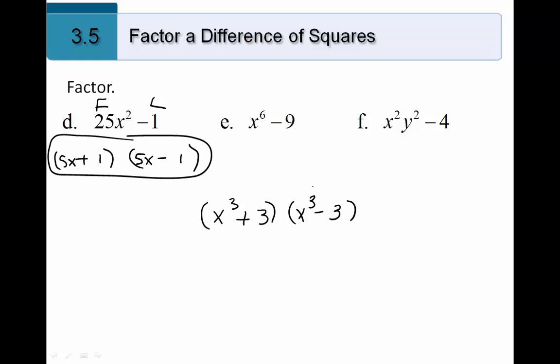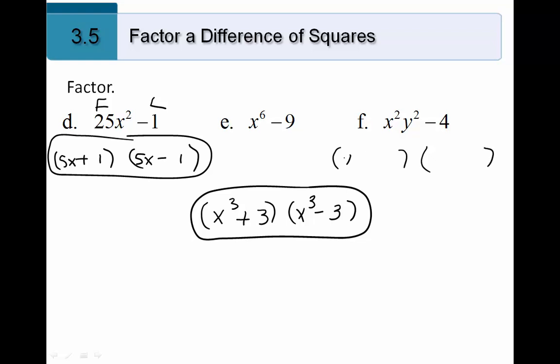One positive, one negative. xy multiplied by xy is x squared y squared. 2 multiplied by 2 is 4. One has a positive, one has a negative.